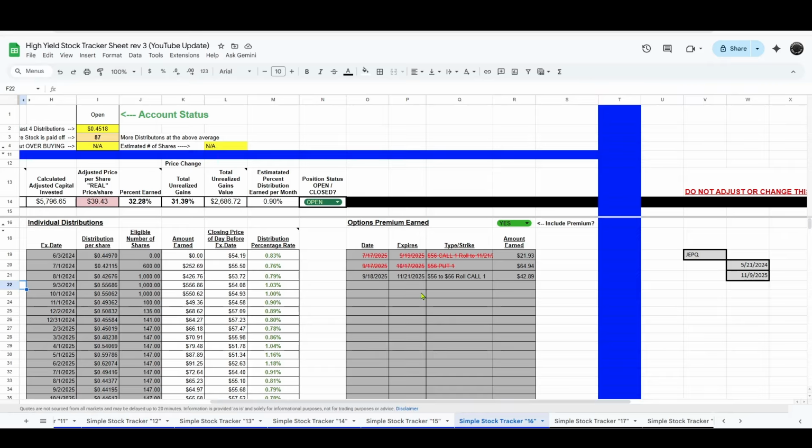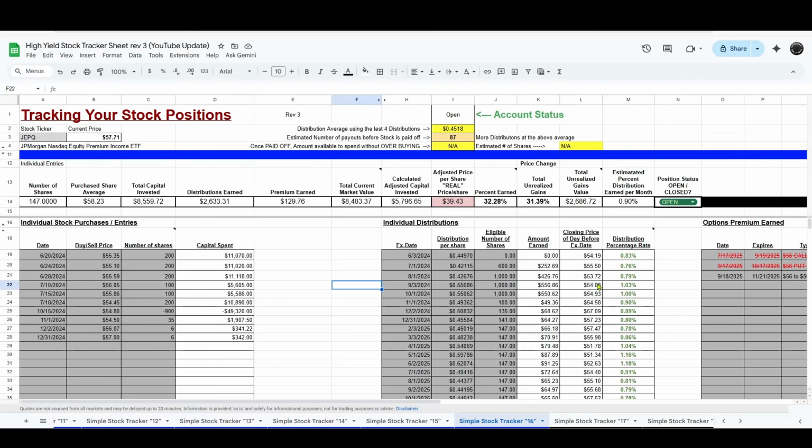Why would I get called away early? Sometimes it has to do with an event coming up. A lot of times it has to do with any kind of distribution or dividend payout. And that is the reason why I lost those shares. And I had to sell those shares, or those shares were taken from me at $56 per share.